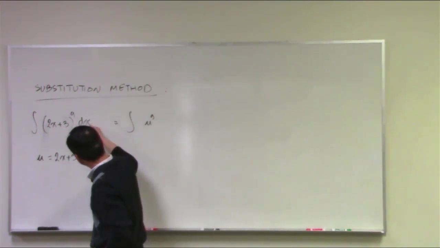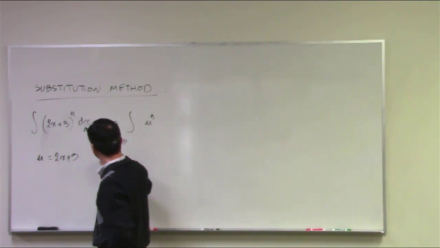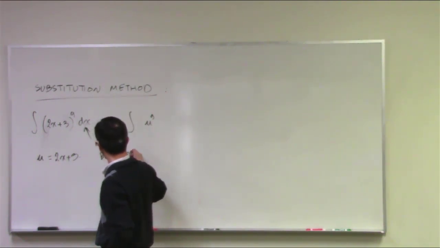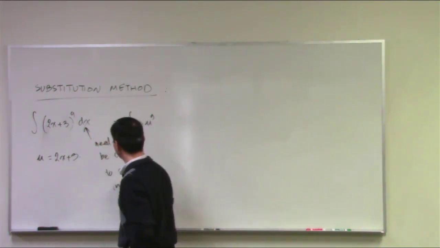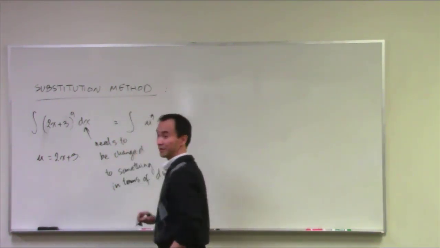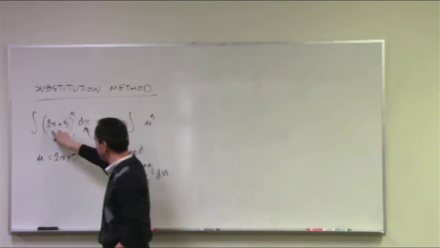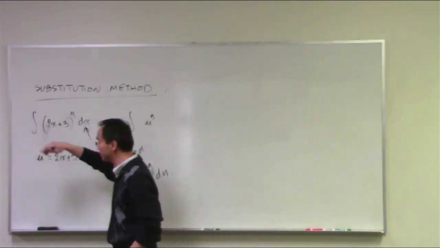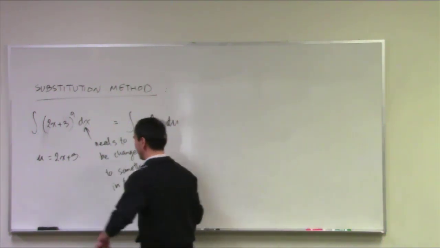This dx right now needs to be changed to something in terms of u as well. The point of substituting is that you change the variable to a new variable. So you need something with a du right here. See what I'm saying now?